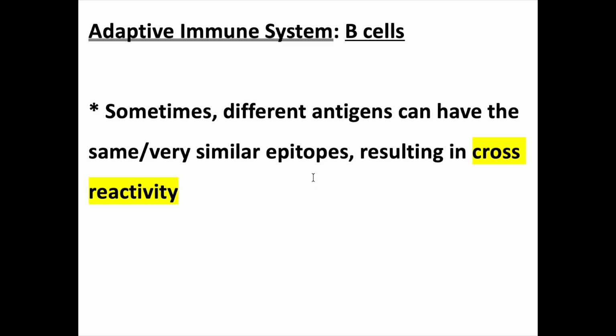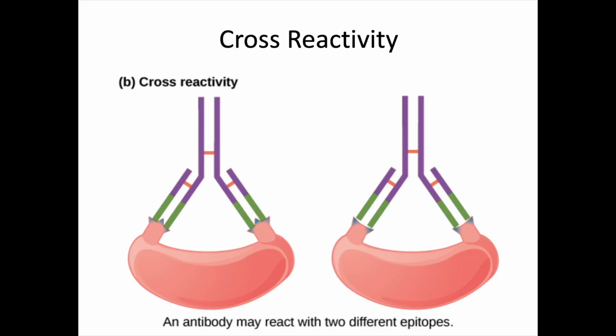If these shapes are similar enough, we can get what's called cross-reactivity. Cross-reactivity, shown here, is, I'm reading from the key terms, the binding of an antibody to an epitope corresponding to an antigen that is different from the one the antibody was raised against.